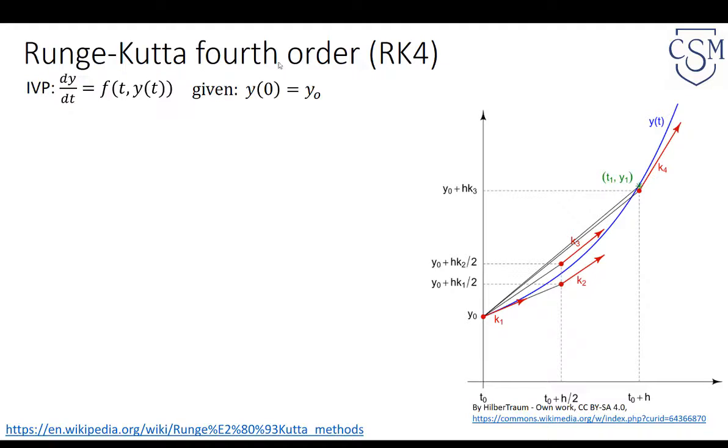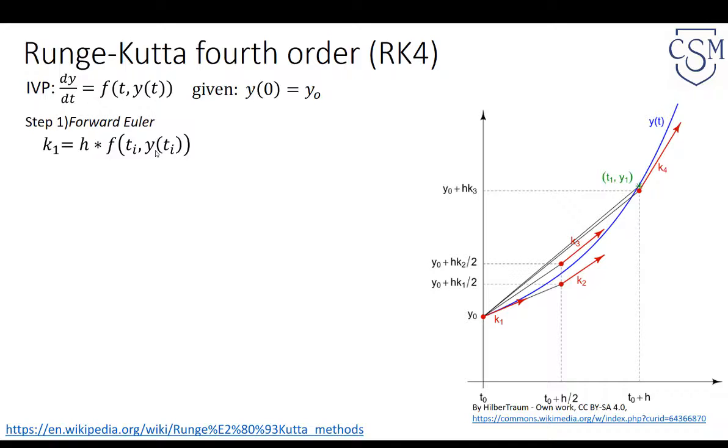The Runge-Kutta fourth order method, often referred to as RK4, takes 3 steps in between ti and ti plus 1, and does 2 function evaluations at ti plus delta t over 2. So the first step, just like RK2, is still forward Euler. We calculate k1, which is h times f of ti and y of ti.